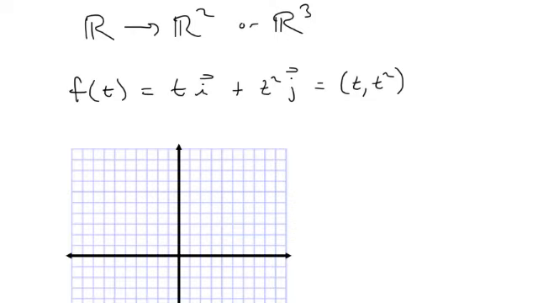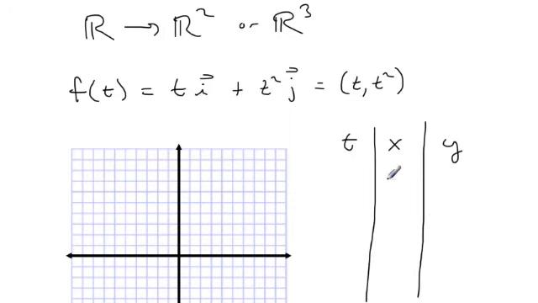The easiest way to do it, just like when you first learn functions, is to make a short table of values. We have some value of t, then our x-coordinate, and our y-coordinate. We'll just do a couple. Let's say t is 0. Well, then the x-coordinate is just t, which is 0, and the y-coordinate is just t squared, which is also 0.